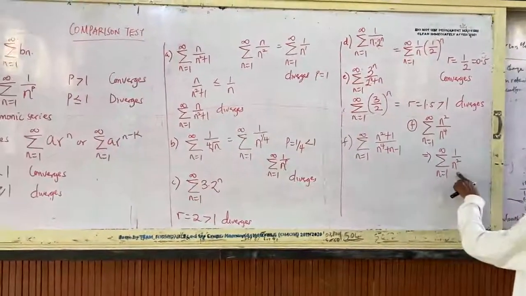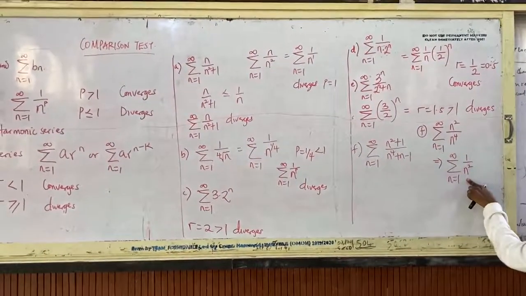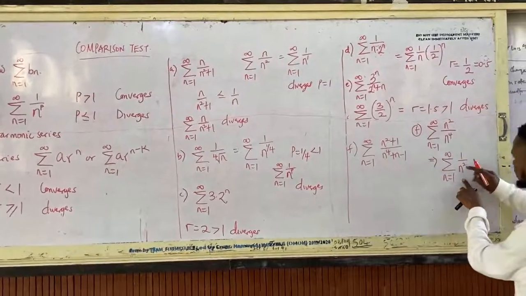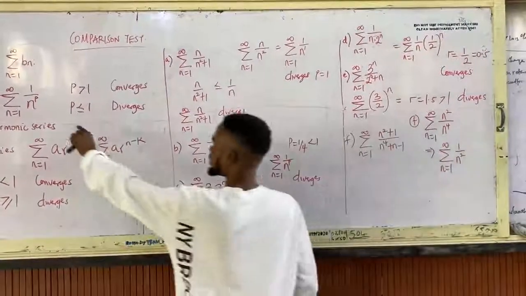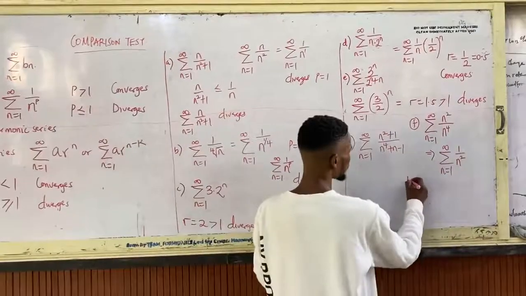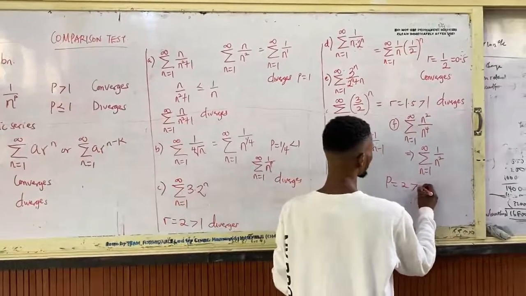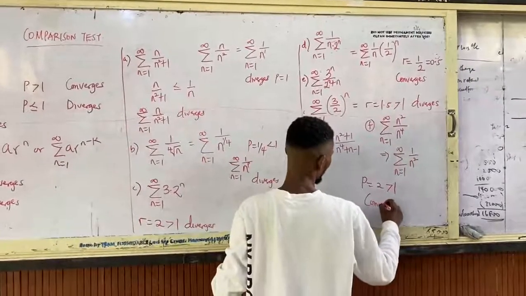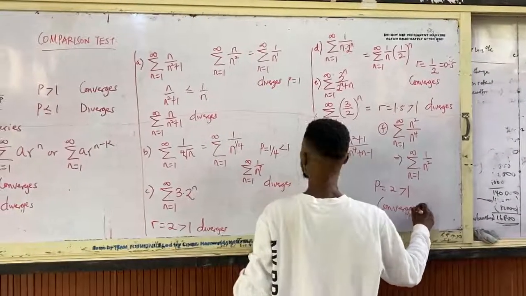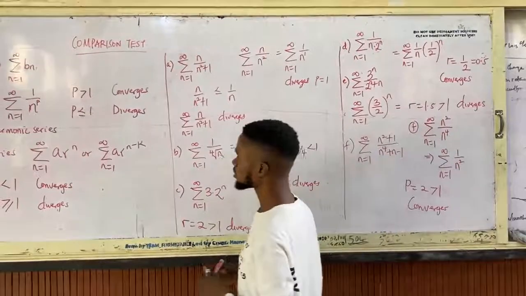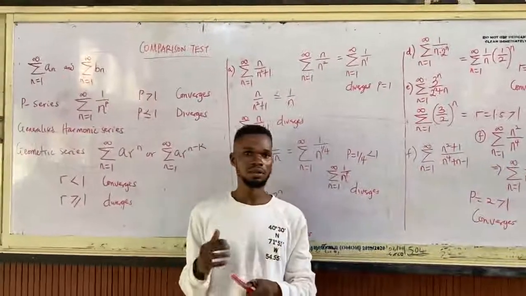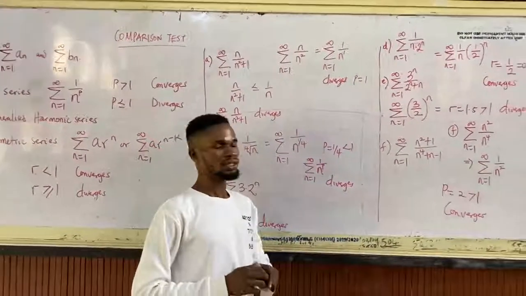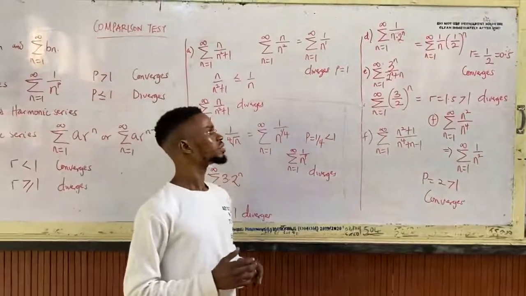You have to compare this series with this. It behaves like this. Now, this is a p series, n raised to power p. Now, p here is 2, which is greater than 1. So, p greater than 1 converges. That's how to test for the convergence or divergence of p series and geometric series using the comparison test.